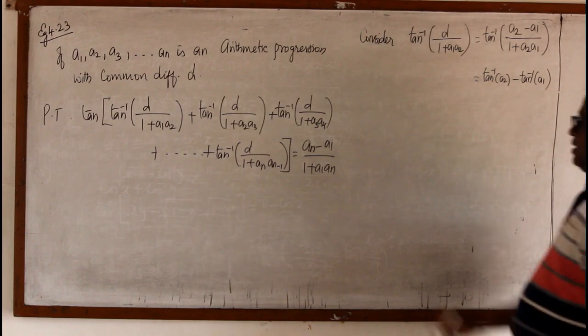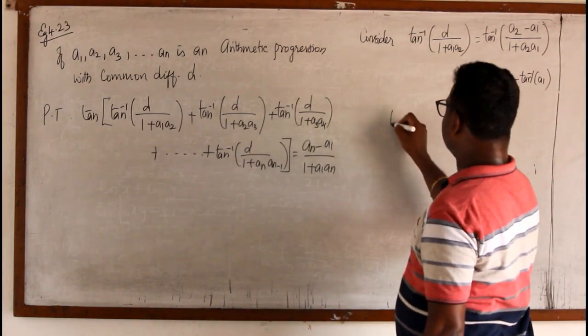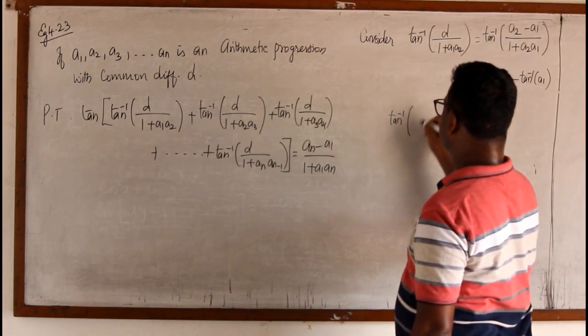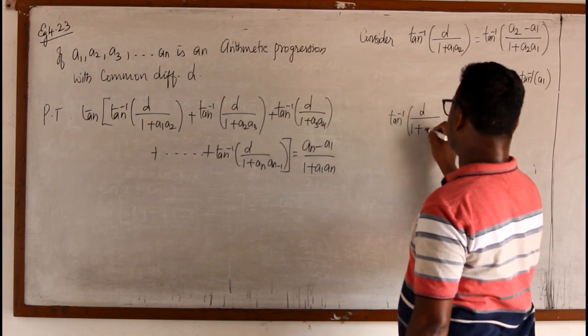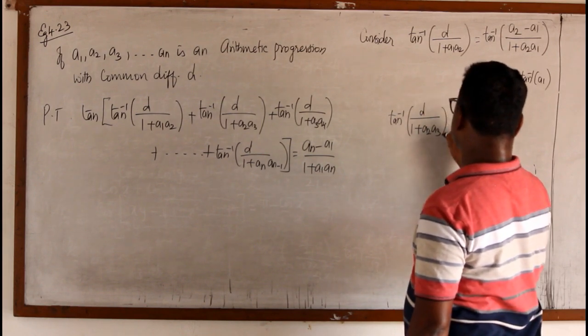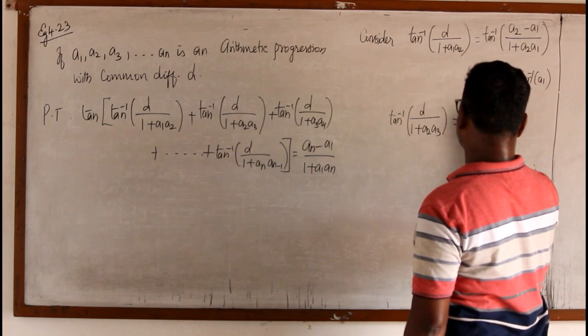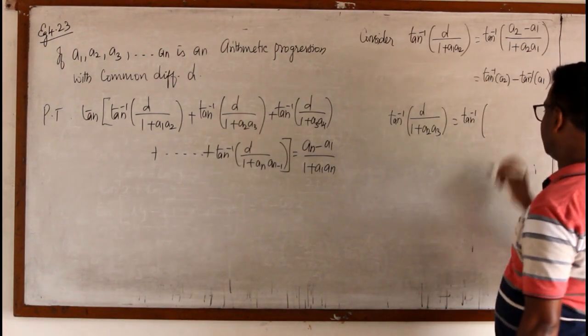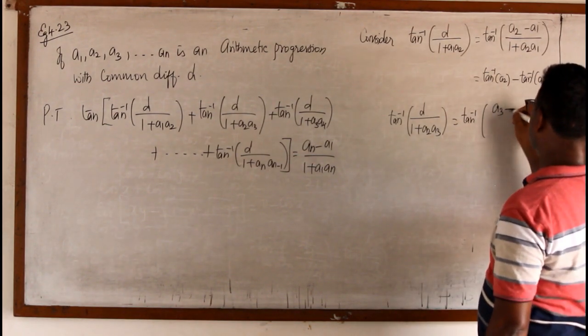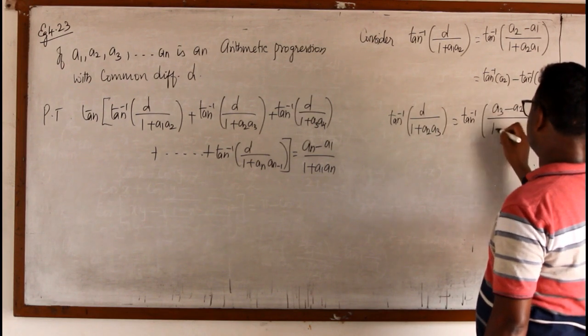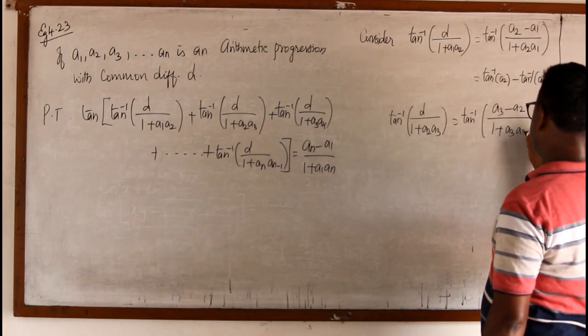Then tan inverse of d by 1 plus a2 a3 is tan inverse of the common difference between the third term and second term, a3 minus a2 by 1 plus a3 a2.